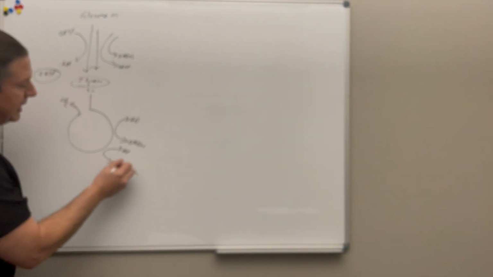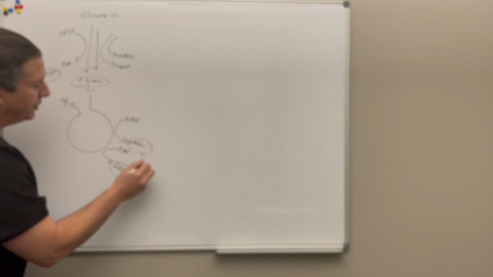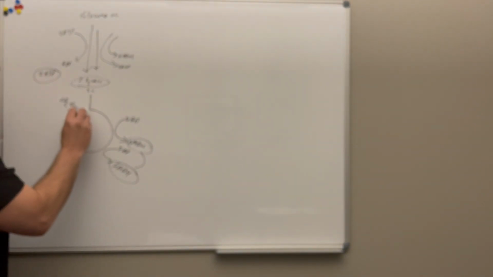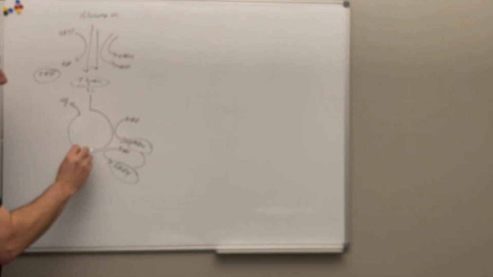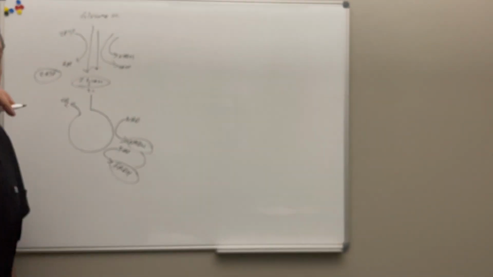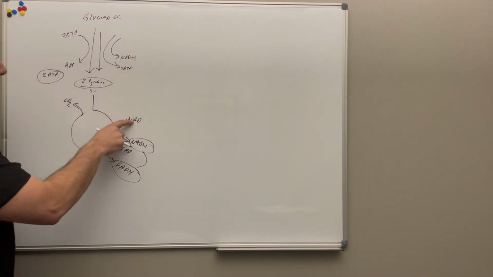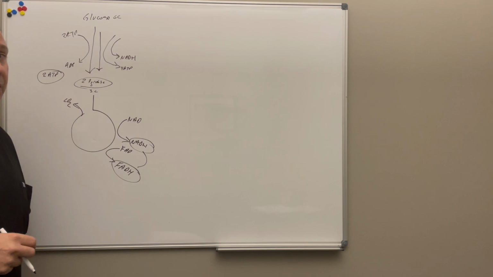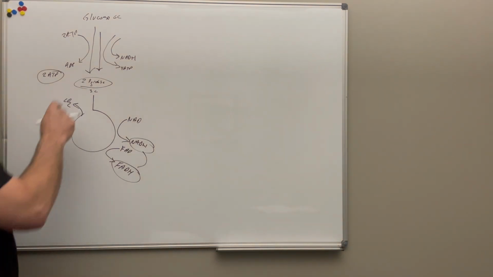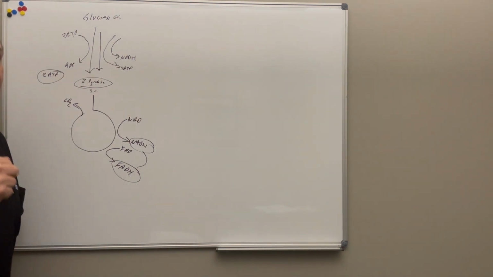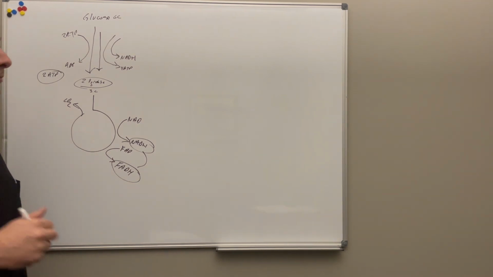These guys, again, as I said a minute ago, all they are is holding on to an electron. In the Krebs cycle, we're taking these pyruvates, and as we're breaking them down, we're not releasing any ATP. There's not enough stored energy in there that's worth extracting. What they are doing is pulling off those electrons from the pyruvate molecules, and they're storing that electron to bring to another location in the mitochondria to produce energy.